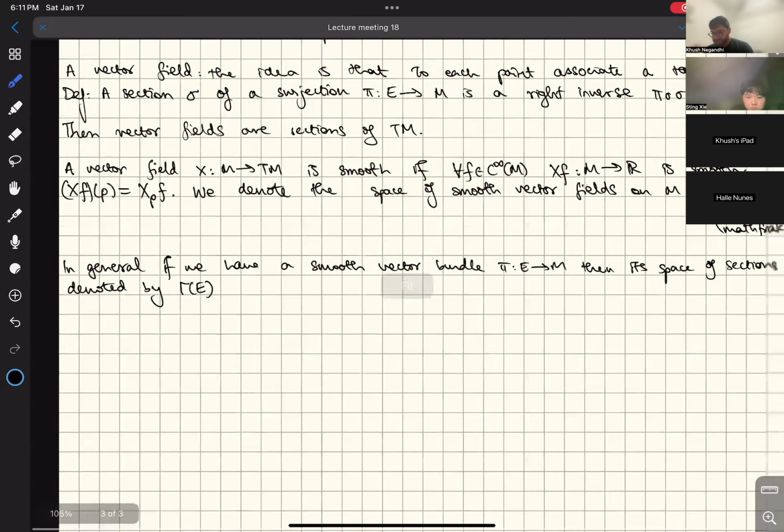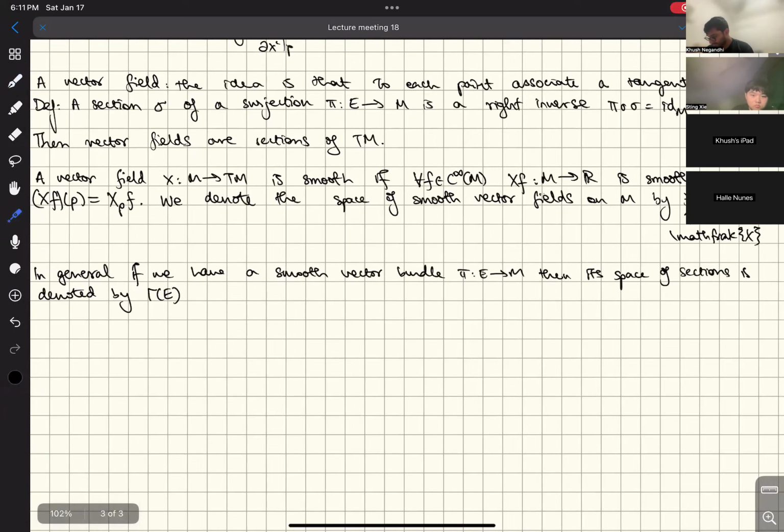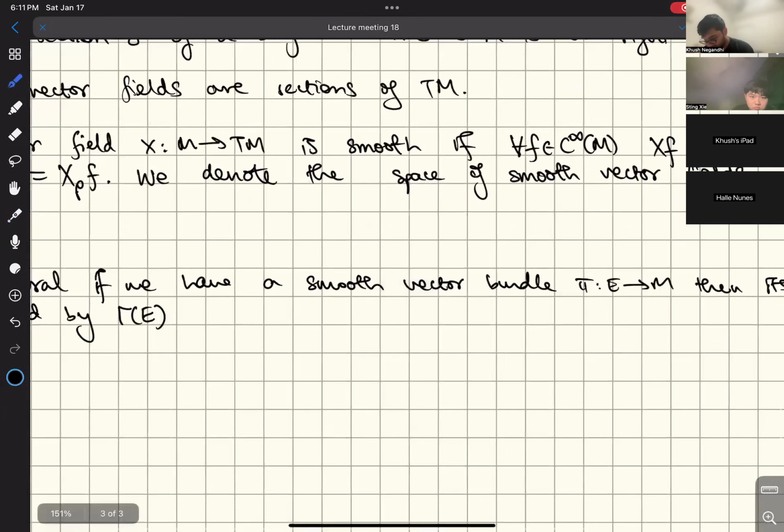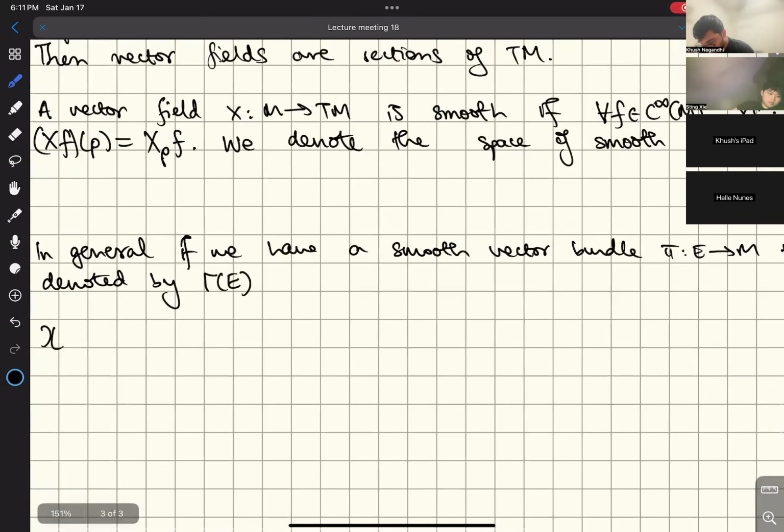But in the case of vector fields, we call it this, while in general it'll be called this. So in other words, this is actually equal to this of TM.